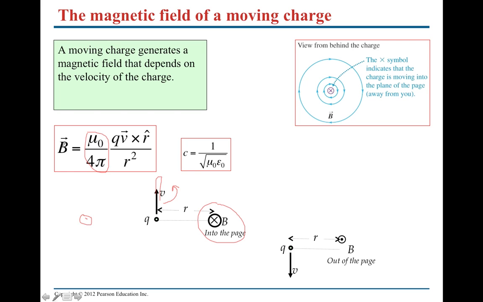So anyway, the magnetostatic field B, and when I say magnetostatic field, we are producing a uniform magnetic field.